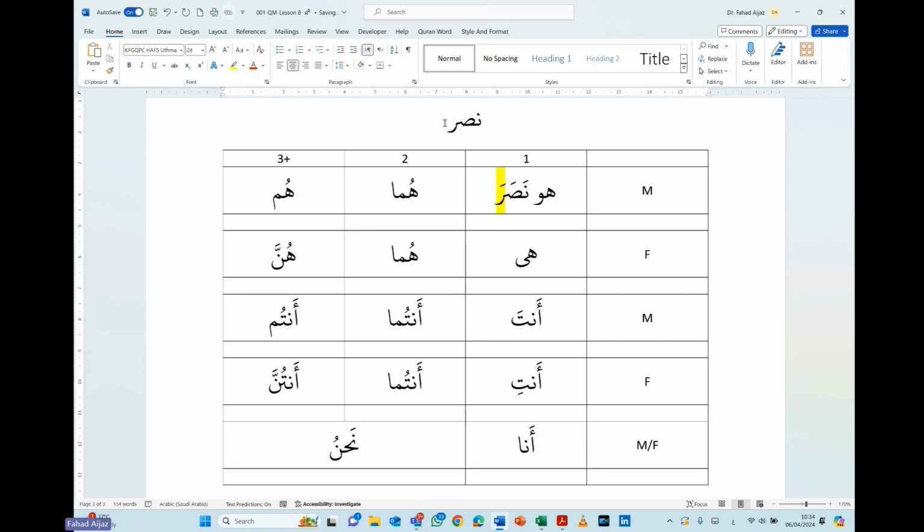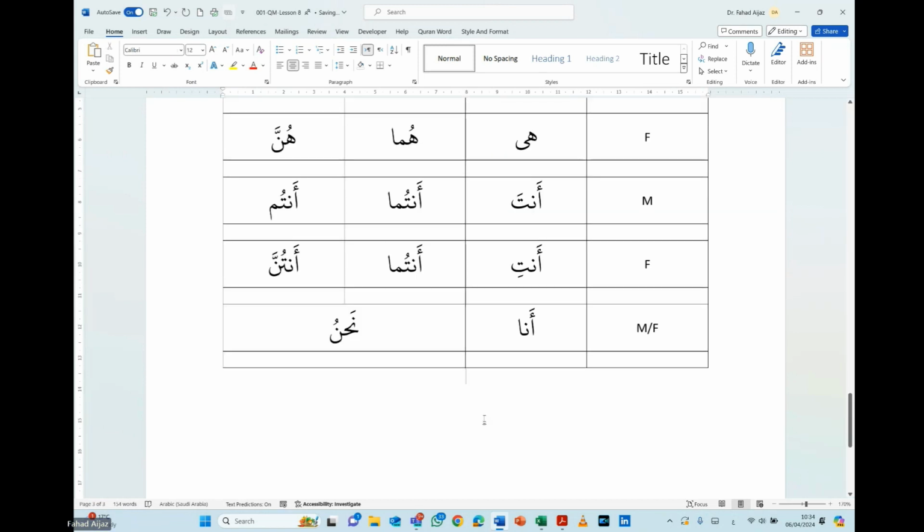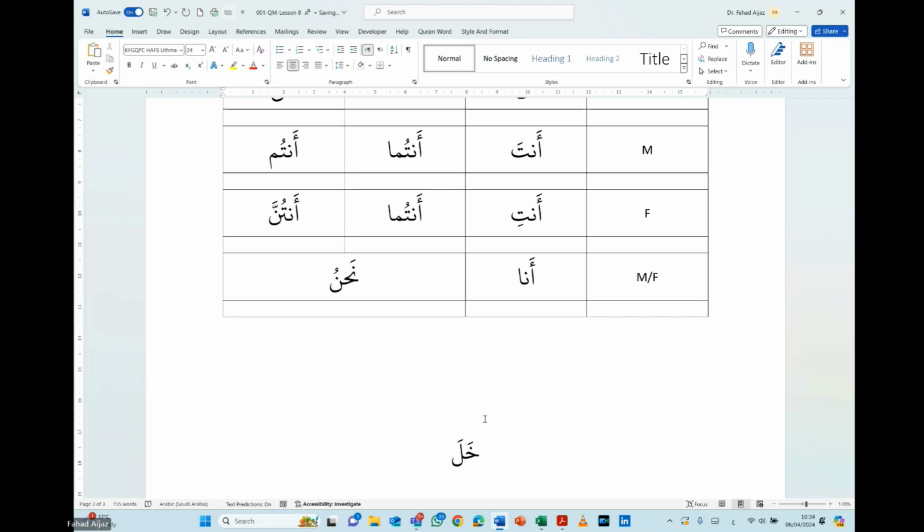Okay? So Allah says in the Quran, Ar-Rahman, Allama al-Quran, and then Khalaqa al-Insan.